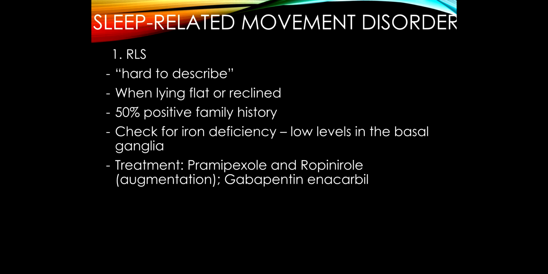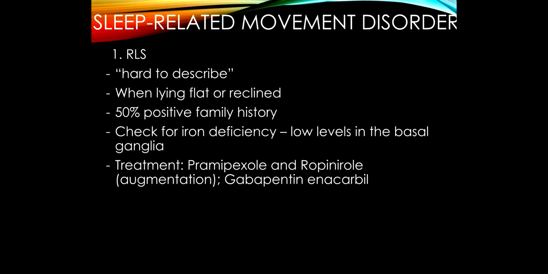And so that's why now we see more neurologists using first a long-acting form of gabapentin. It's called gabapentin enacarbil, which also works, maybe not quite as strong as a dopamine agonist, but we don't get into augmentation with this medication. And so these are our two most effective medications for restless leg syndrome.